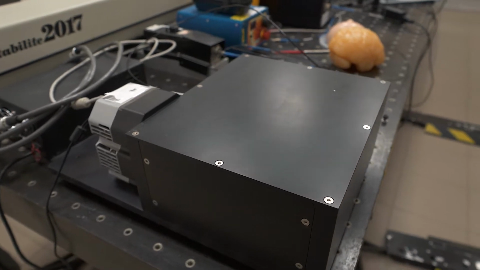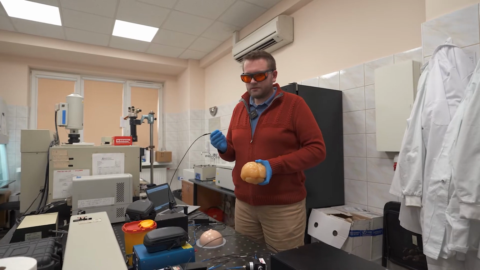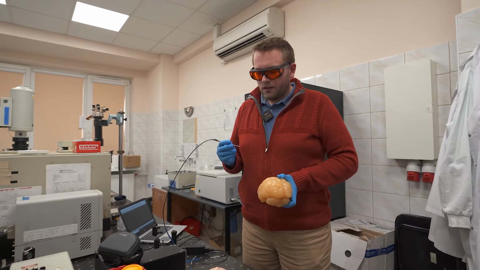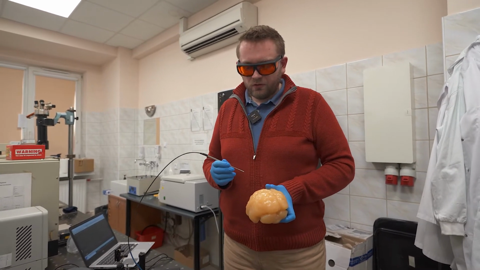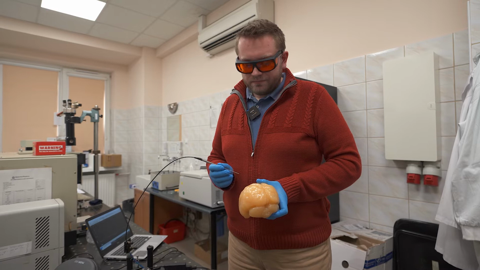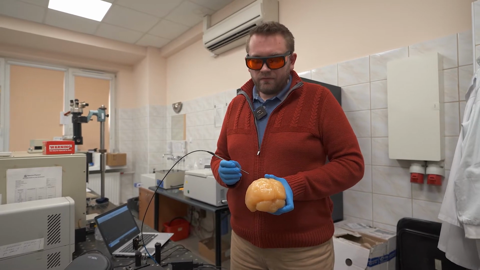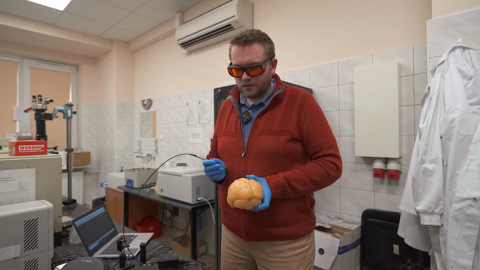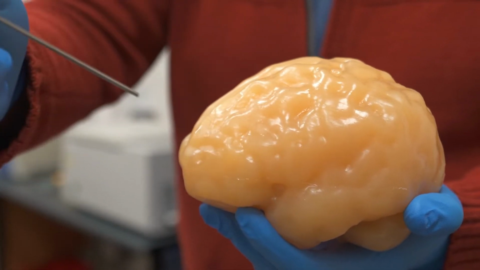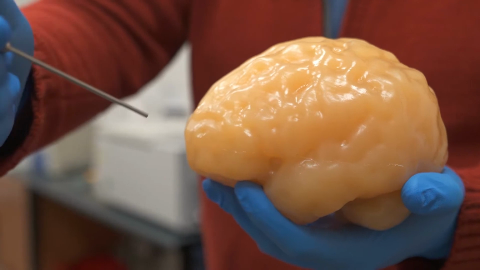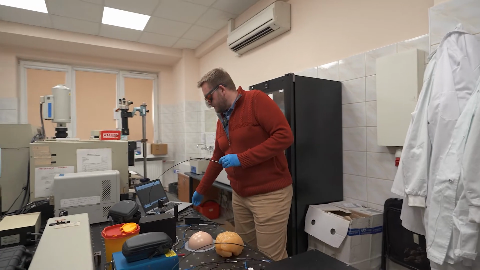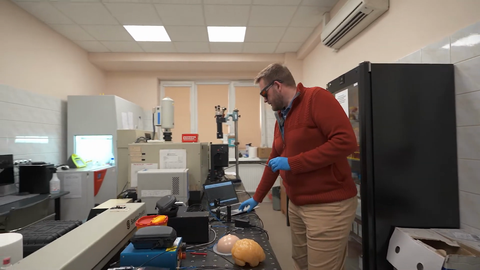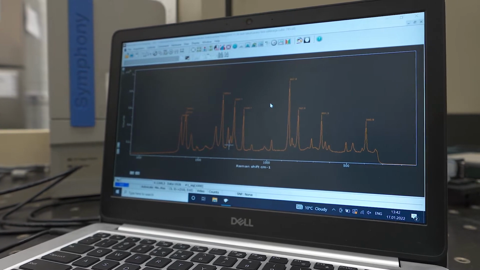This system allows us, thanks to the hand probe, to collect very fast single Raman spectra. We usually use the system to analyze brain and breast cancers, and as you see on the computer, you can follow the Raman bands in the Raman spectra.